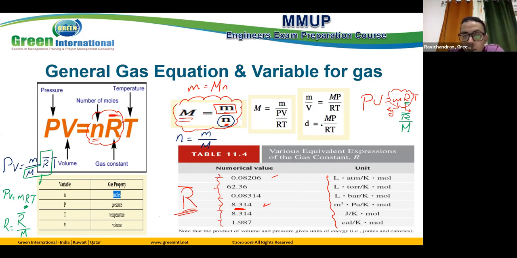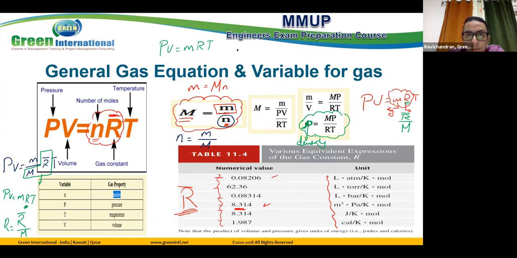What else here is important? This equation. I can write this with rho, which is better than d. What is rho? Rho is density. How does density come here? PV equal mRT, correct? Yes. We know the definition of density is mass over volume.